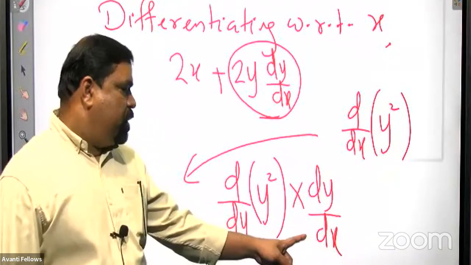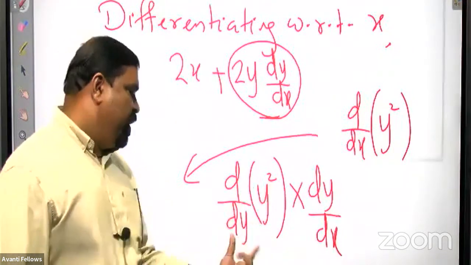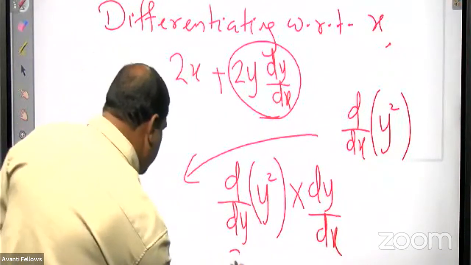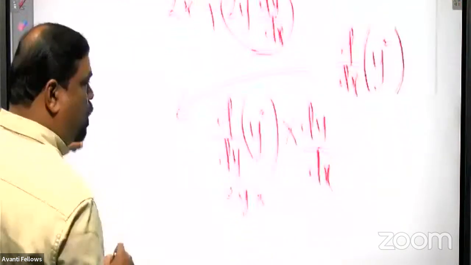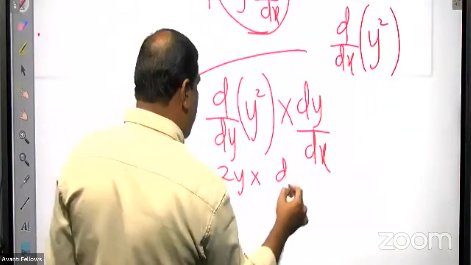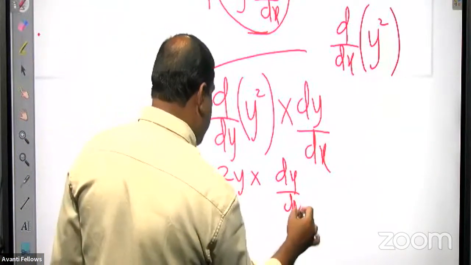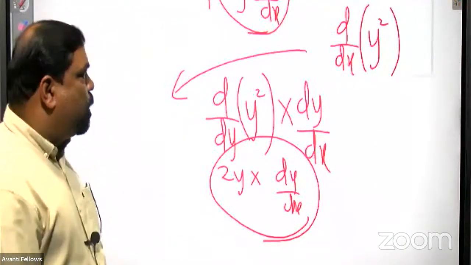Chain rule actually. The derivative of y square means 2y, and the derivative of y with respect to x means dy by dx only, no change. So you have to be careful in this step.